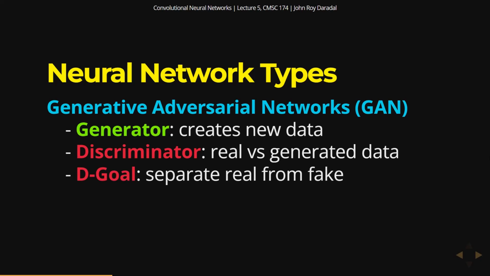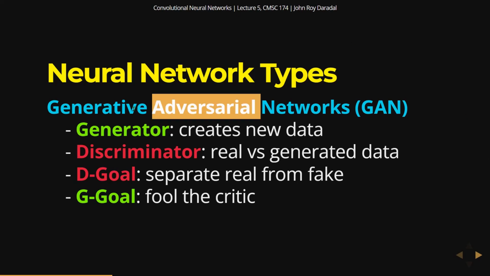The goal of the discriminator is to separate the real from the fake, or the generated data. But the goal of the generator is to fool the discriminator or the critic. So that is the adversarial part of the generative adversarial network. It's because the generator and discriminator are fighting. The generator wants to fool the discriminator, and the discriminator wants to catch the generator's lies, basically.